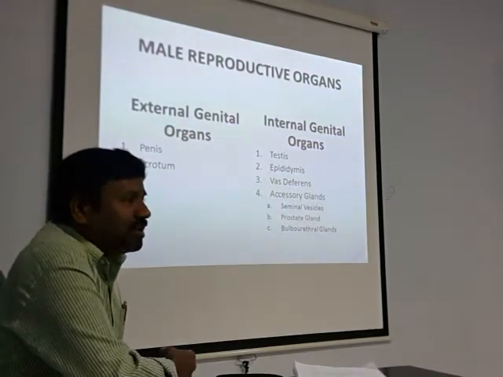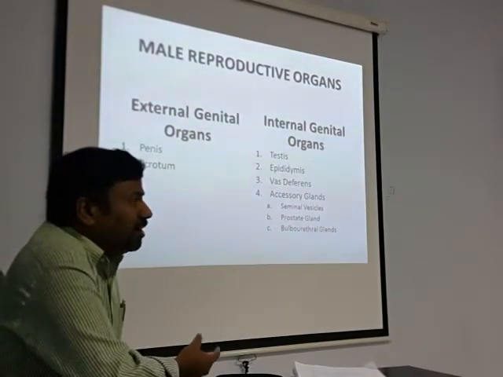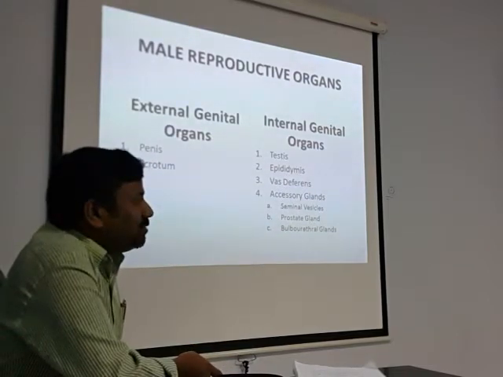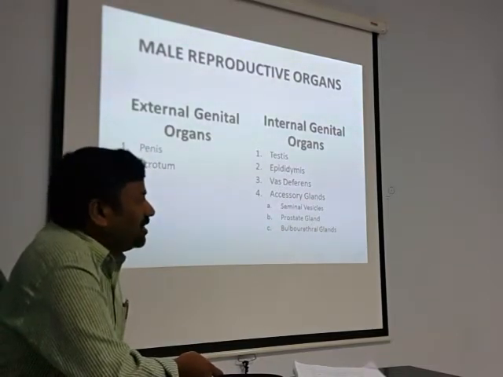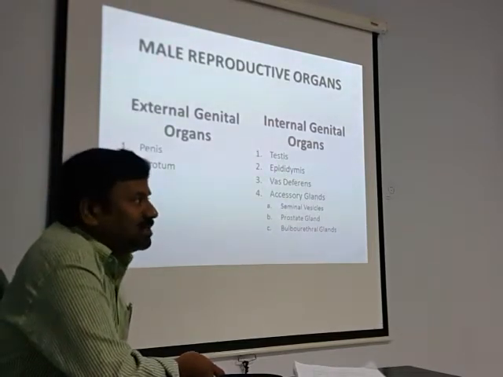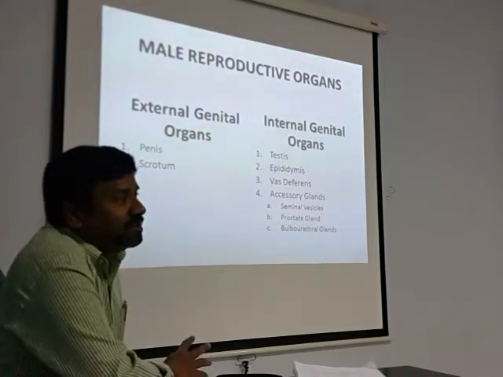And then you have some glands which make up much of the semen, which we call the accessory glands. They are the seminal vesicles, the prostate gland and the bulbourethral gland. So these form the organs of the male reproductive system.